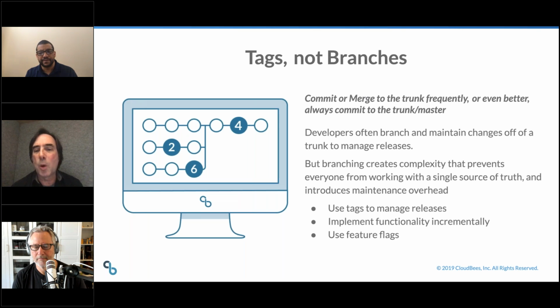As we just talked about, we want to implement functions incrementally in small pieces of code with frequent commits. And finally, we're seeing more and more people use feature flags. Feature flags obviously have been around for many, many years, but we're seeing new tools and techniques that allow me to commit code in which the new functions are turned off.